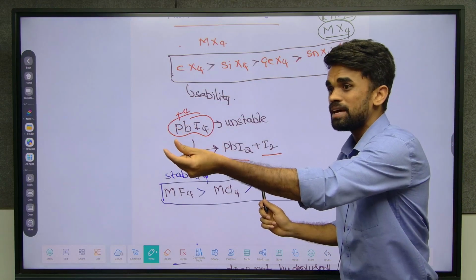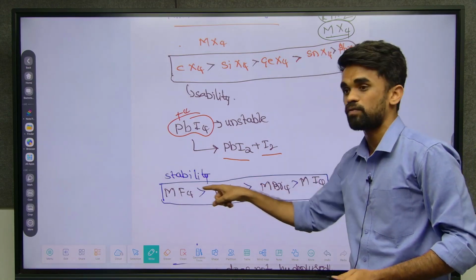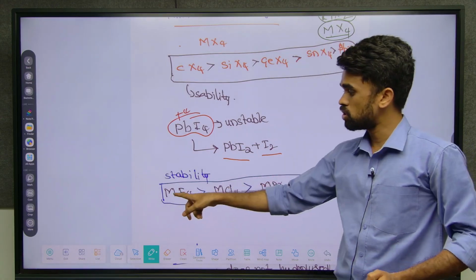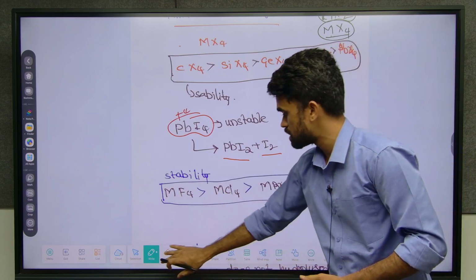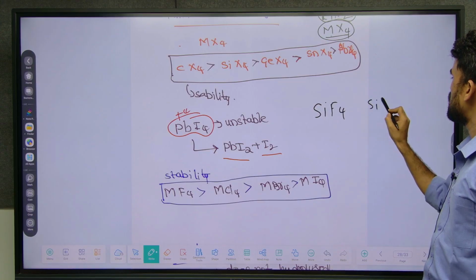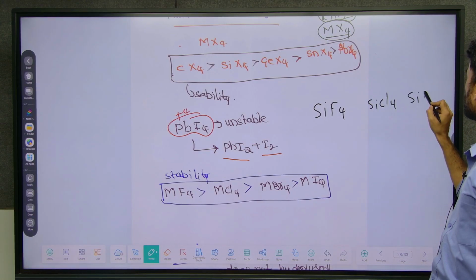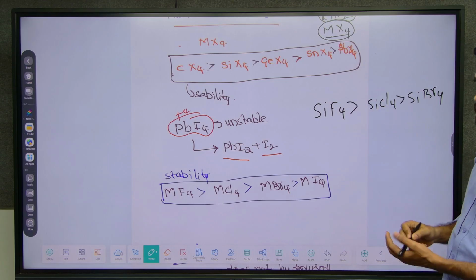That compound will be more stable. So stability down the group, it is decreasing. I mean down the group means for fluorines, I mean halogens. So MF4 type is more stable than MCl4 type. It means you take anything like this, SiF4, SiCl4, SiBr4, like this if you take, which is more stable? Like this.